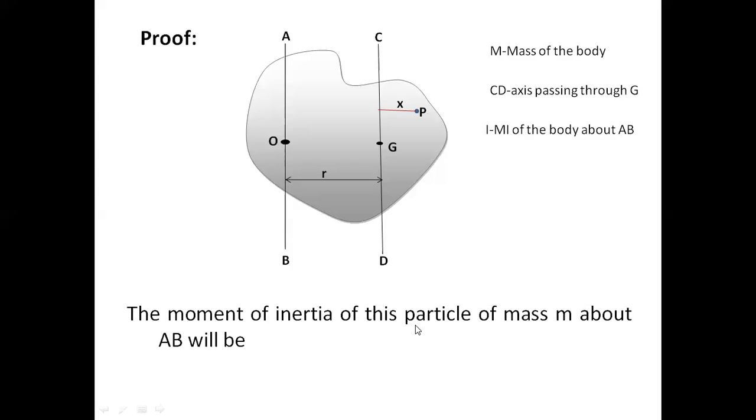I have represented that as I dash AB. I dash AB is the moment of inertia of the particle P about the axis AB, which is equal to mass multiplied by distance square.